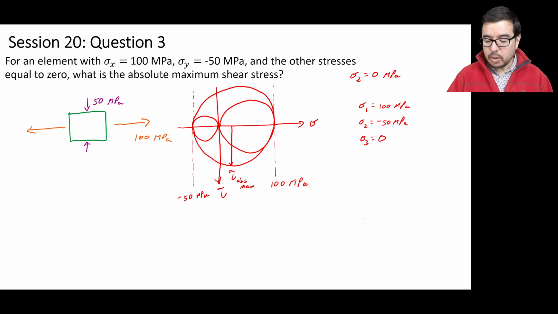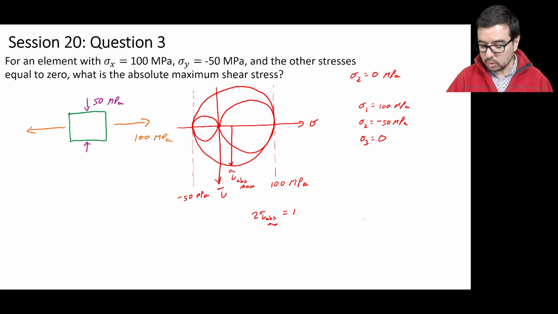Now, how do we figure out what that radius is? Well, we look, what is the diameter? Well, the diameter, or 2 times tau absolute max, is equal to the 100 megapascals that we have here minus the minus 50 megapascals that we have here, right? That's going to give us the diameter of this circle, that large one.